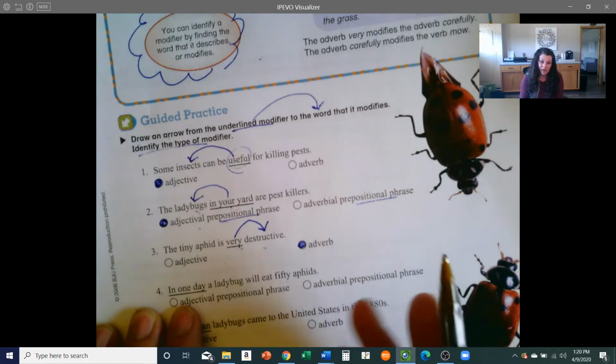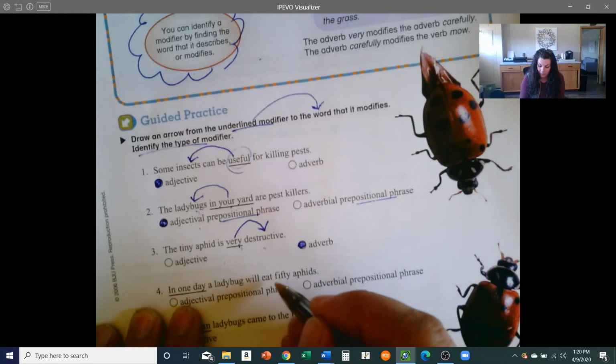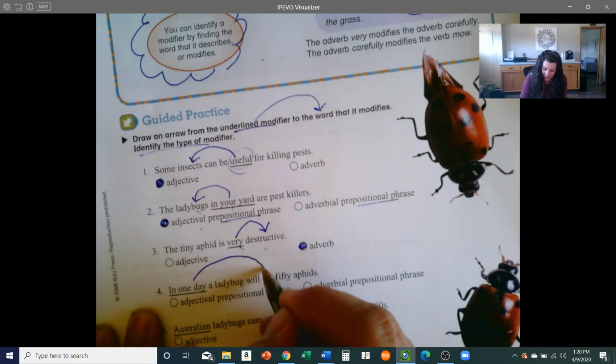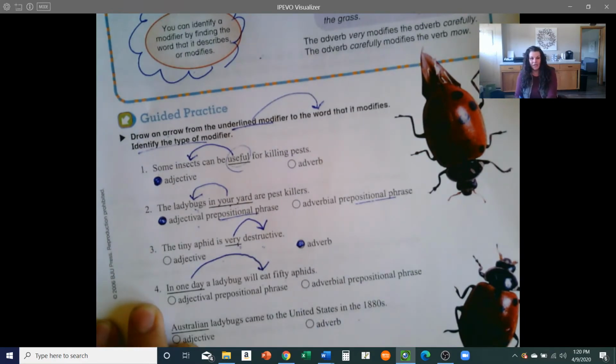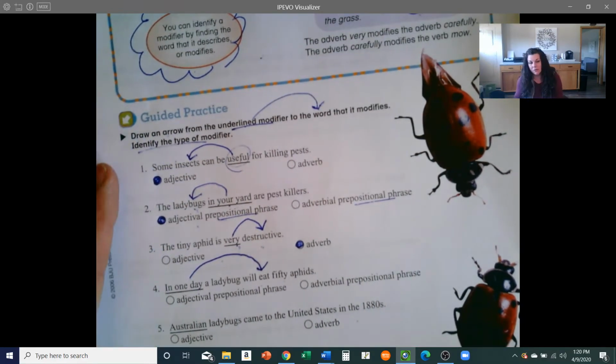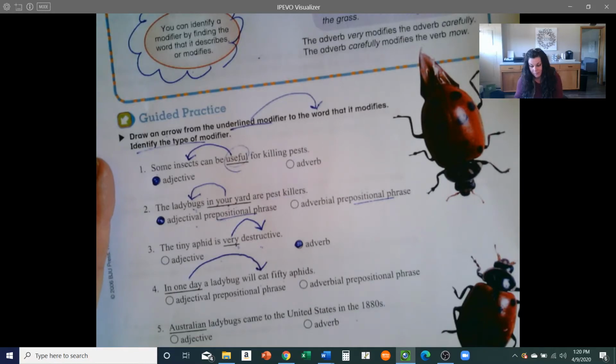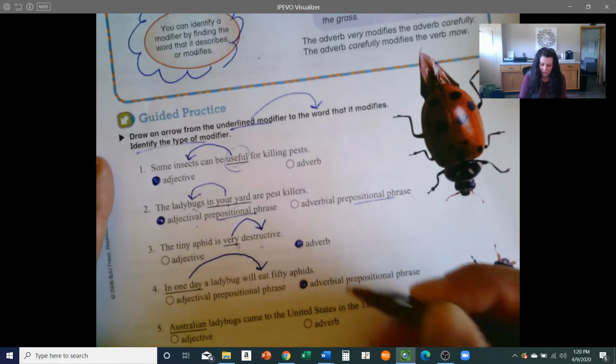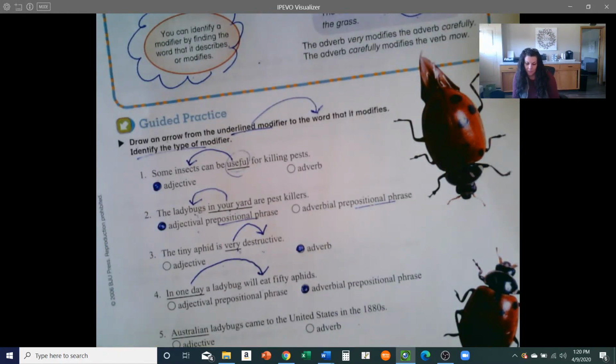And sometimes that's okay. But if I think, okay, well, what happens in one day? It's the eating. So to me, I would choose that in one day, that's when the ladybugs will eat. All right? So that would make it adverbial because it's describing when they eat.